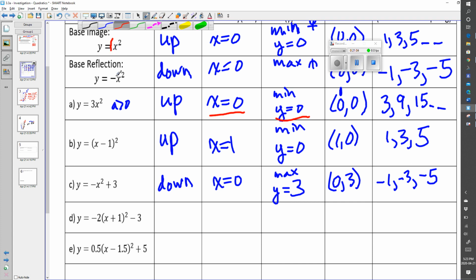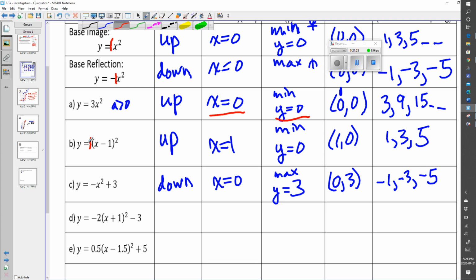The value in front of this graph here is -1. The value in front of this graph here is +1. So that's why y equals x squared and y equals x minus 1 squared have the same steps, because the a values are the same.